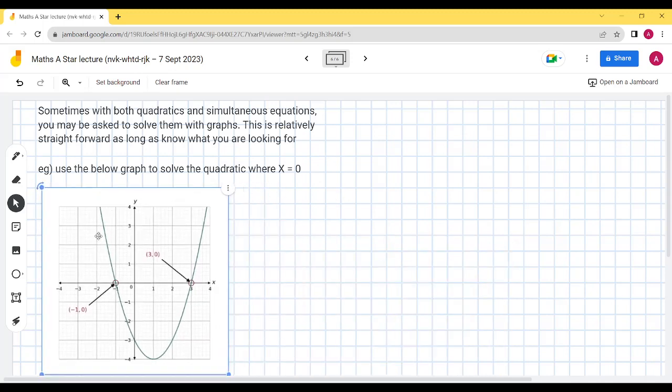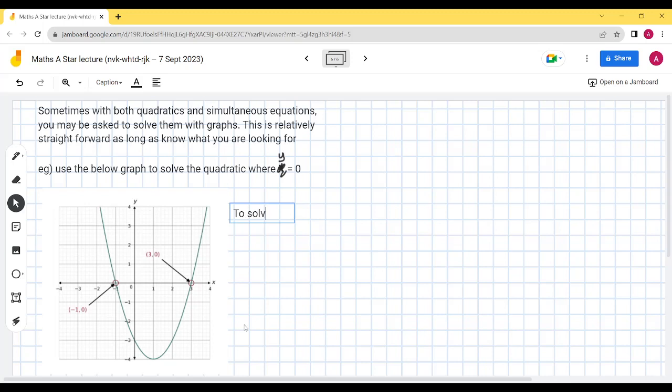There you go, written on here. I'm sorry, I've written my x equals 0. Forgive me, I should have written my y equals 0.